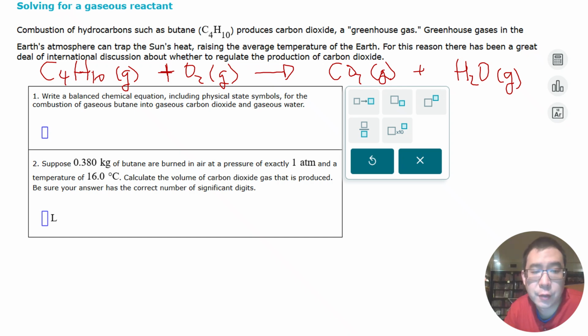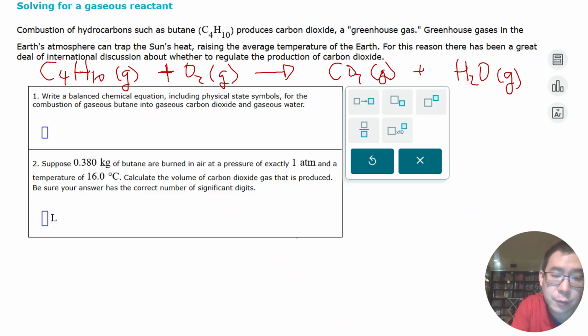At least it starts that way. Okay, so we have our equation here, and we know the butane is a gas. It asks for states, right? We know the butane is a gas because it says gaseous butane. Oxygen is always gas, and the products are gaseous carbon dioxide and gaseous water.